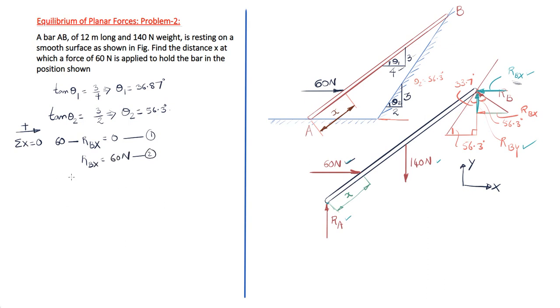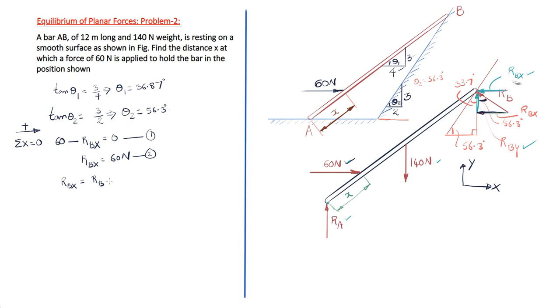Now let us write RBX in terms of RB. So we know that RB is this force, and it makes an angle of 56.3 with the vertical. So RBX is the opposite side of that angle.